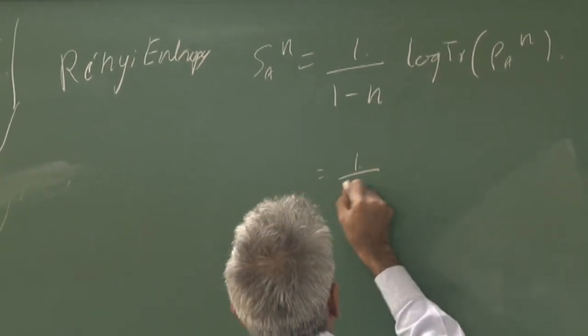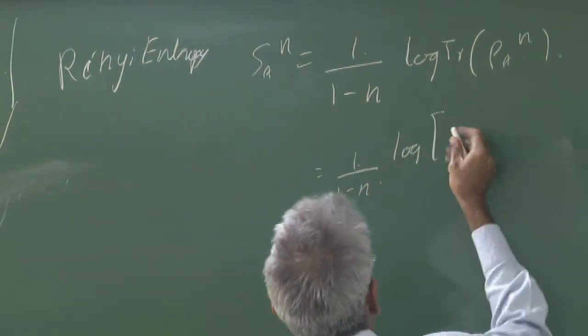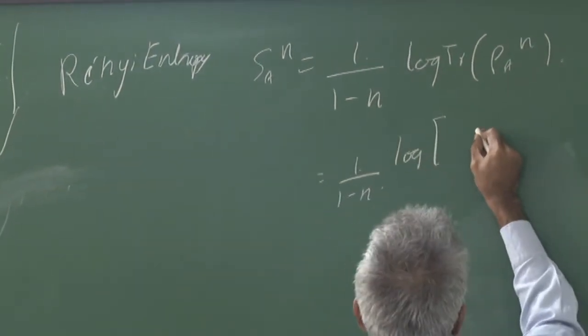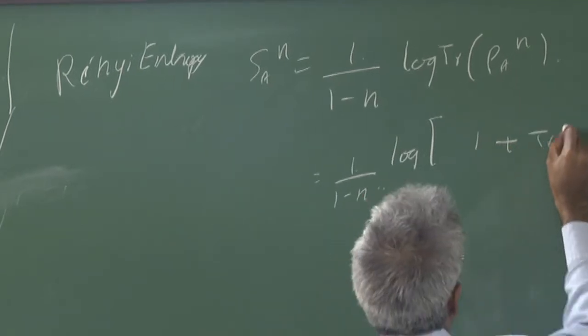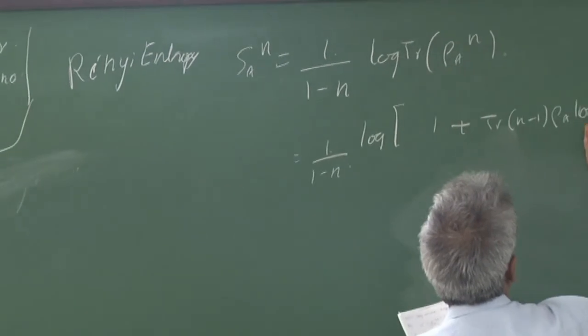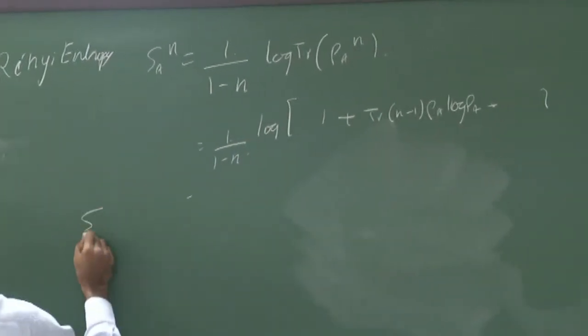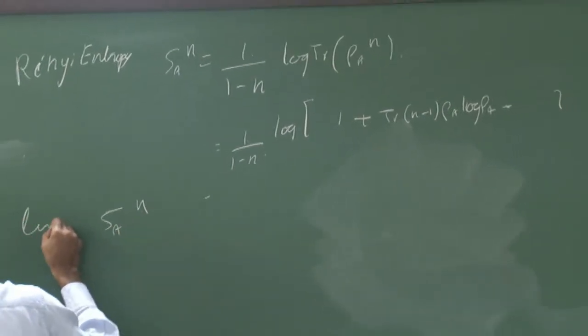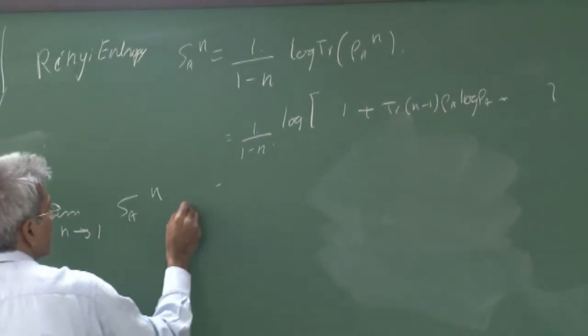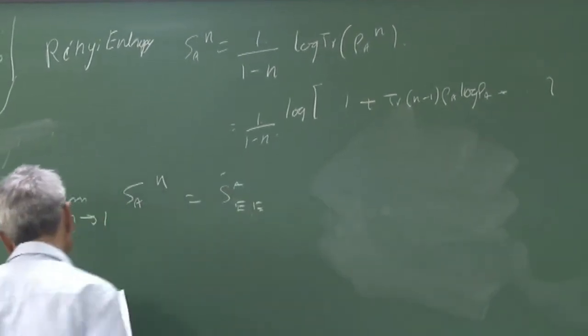If you do a Taylor series expansion in n, where n is an integer but we analytically continue, this is 1 plus (n-1) trace rho_A log rho_A plus dots, and you get the von Neumann entropy. So S_A in the limit n going to 1 is the entanglement entropy of region A.